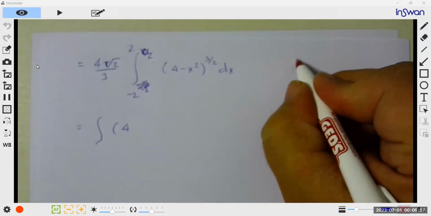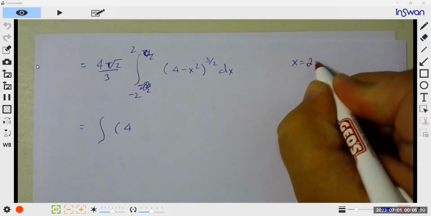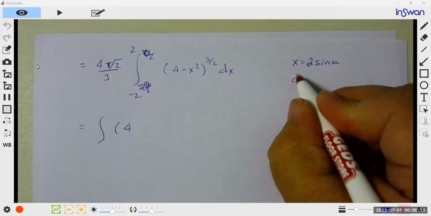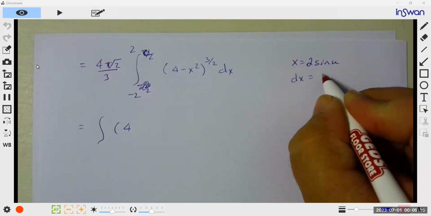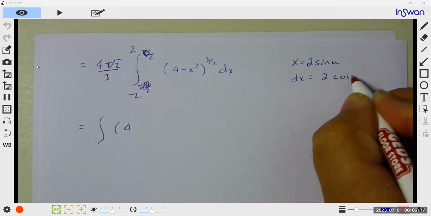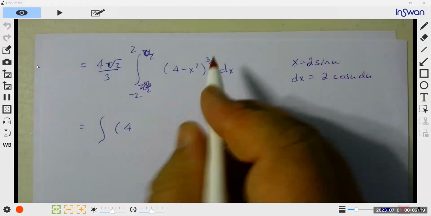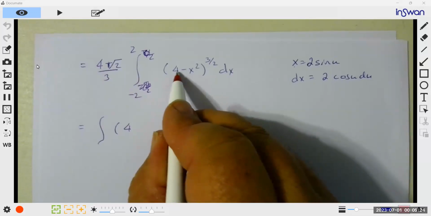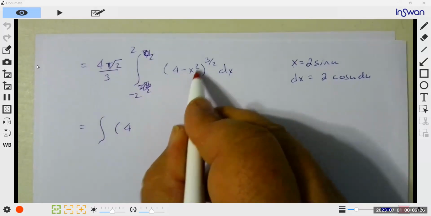remember earlier I said that x is equal to 2 sine u, and dx is 2 cosine u du. So this gives me 4 minus x squared.